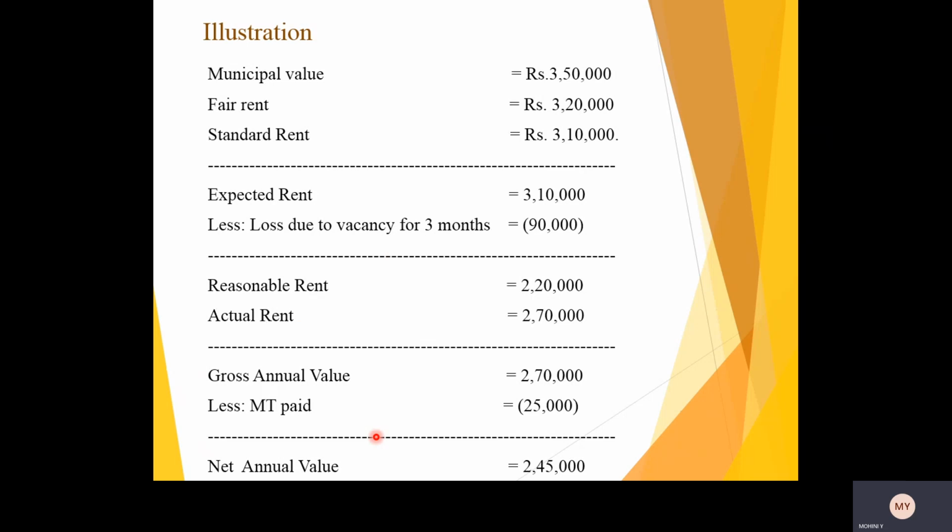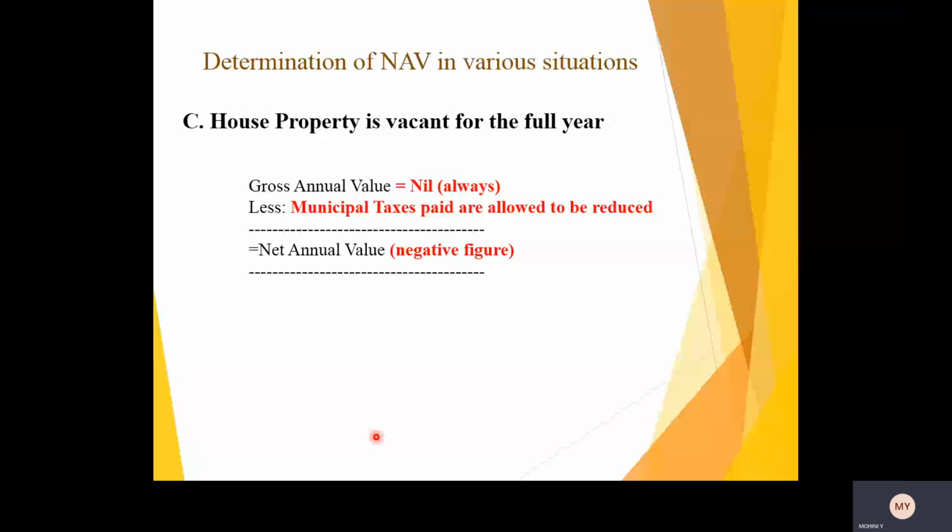Okay. This is the third case, that house property is vacant for the entire year. It means that the owner has a good intention of giving his property on rent, but due to any circumstances, he was not able to find an eligible tenant and he was not able to give his property on rent to anyone, and his property was vacant for the entire year.